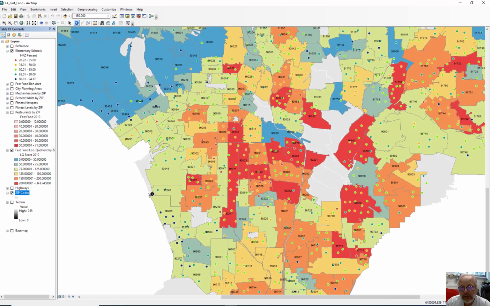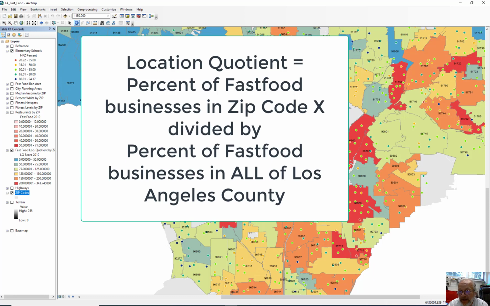So the location quotient, and you should make a note of this because I'm going to ask you a question, is basically the percent of fast food restaurants compared to all businesses in a zip code, and how that stacks up in a specific zip code against the pattern that you see across Los Angeles.